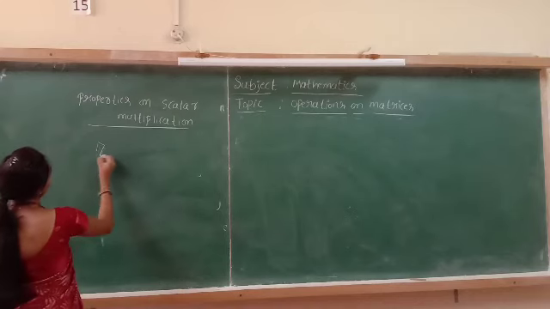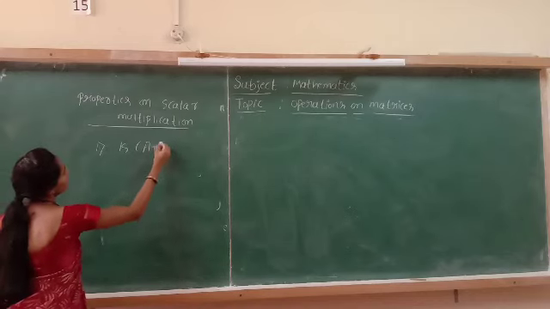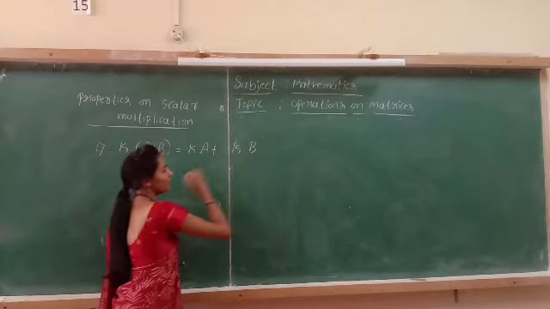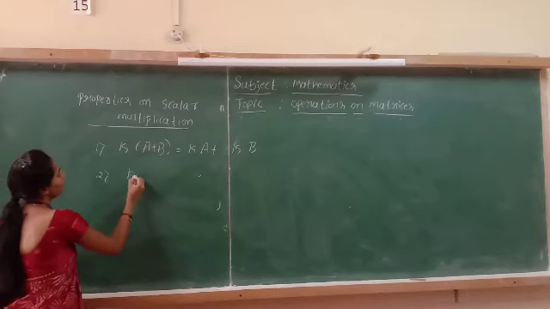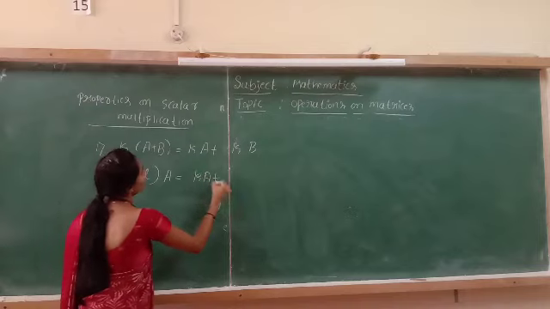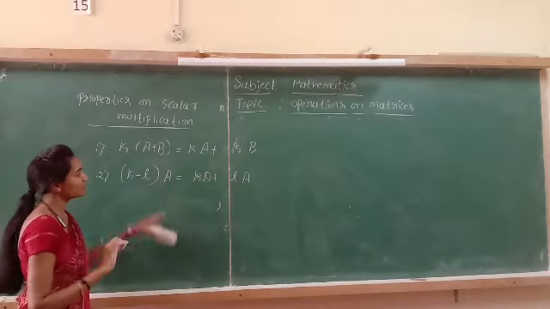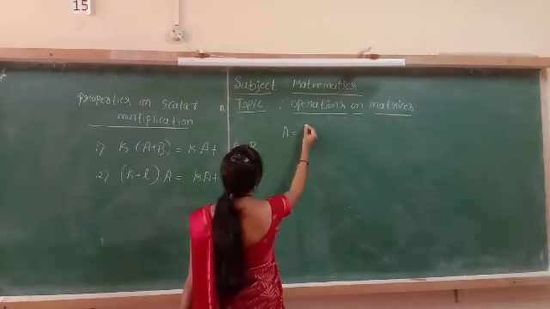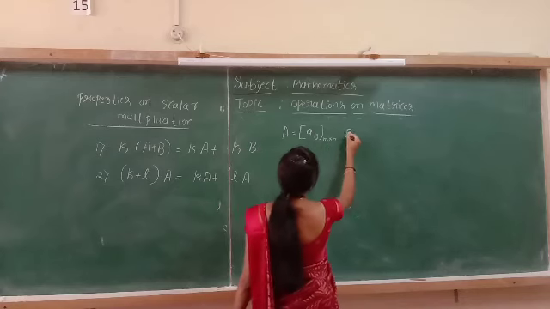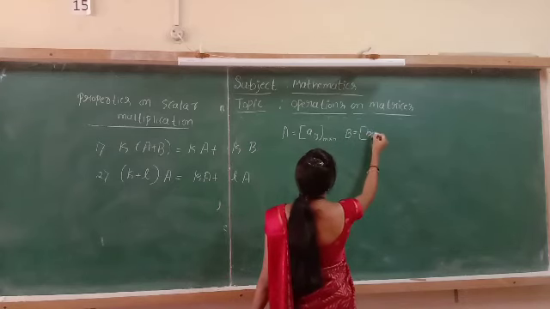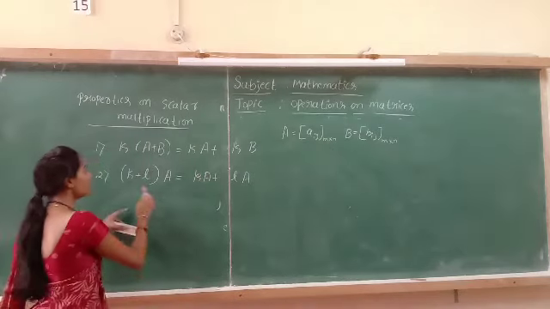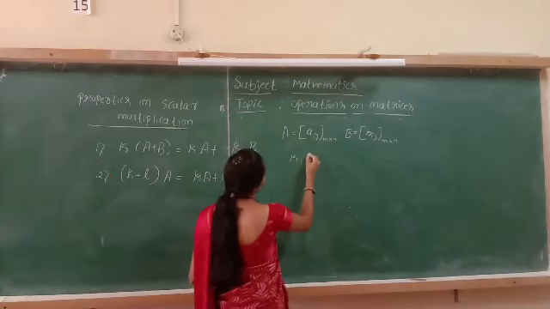The first one is k times (A plus B) is equal to k times A plus k times B. And the second property is (k plus L) times capital A is equal to k times A plus L times A. In this case, capital A is equal to matrix A_ij of the order m cross n, and capital B is also a matrix, that is B_ij of the order m cross n, where k and L are the scalars.